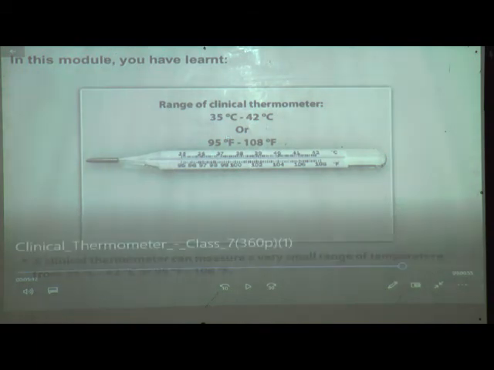So Celsius and Fahrenheit are the two scales used for measuring temperature by these thermometers. Here you can see the thermometer.